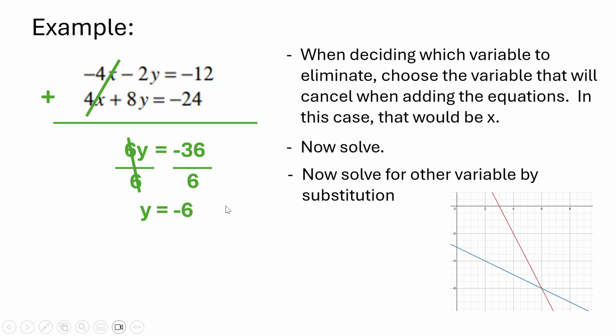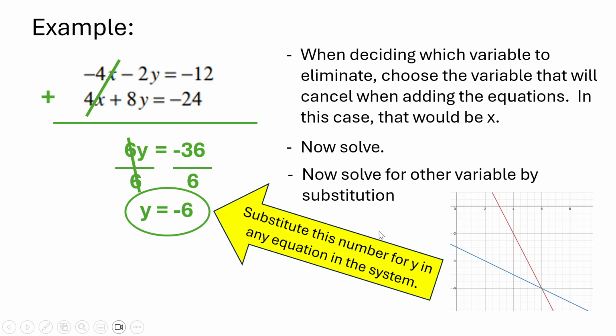And the way we do that is we take what we solved for right here, which is y, and we substitute that value into any of the equations in our system. We have these two equations, and we have the solution for y. So all we do is take that number for y and substitute it for y in either one of these. It doesn't matter which one you choose, you'll get the same answer. Okay?